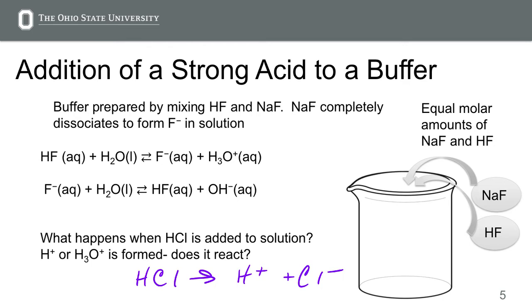What does it react with? Your options are either HF or F minus. F minus. It can't react with HF. That's an acid as well. So it's going to react with the conjugate base. So we're going to have H3O plus plus F minus reacting to form HF plus H2O.